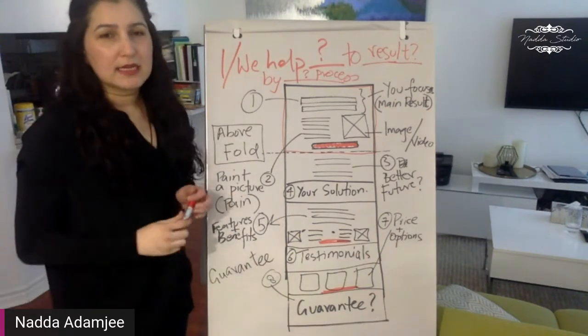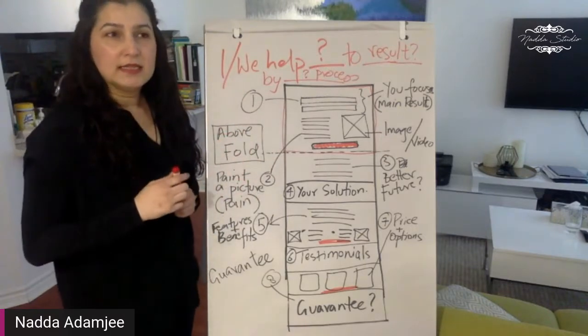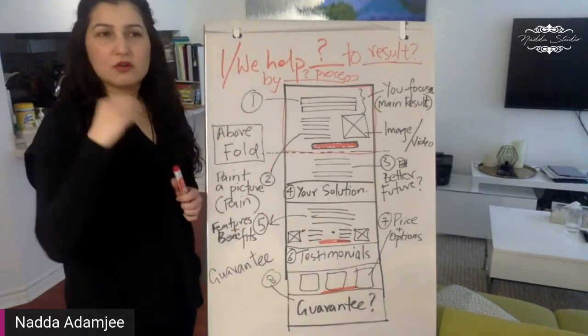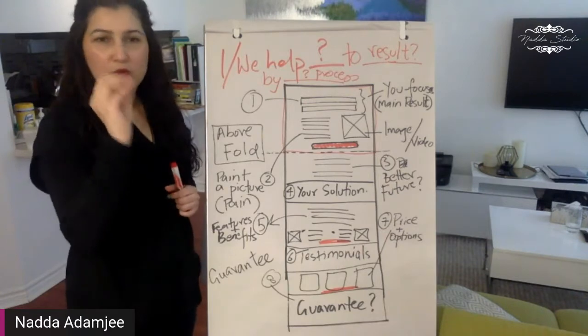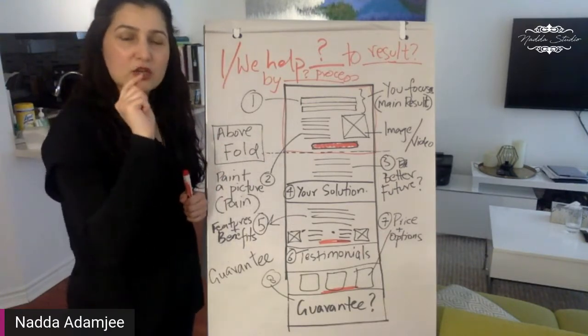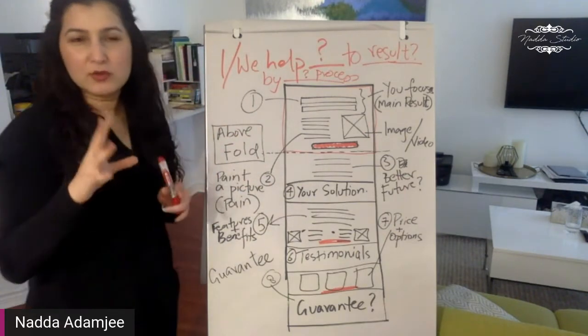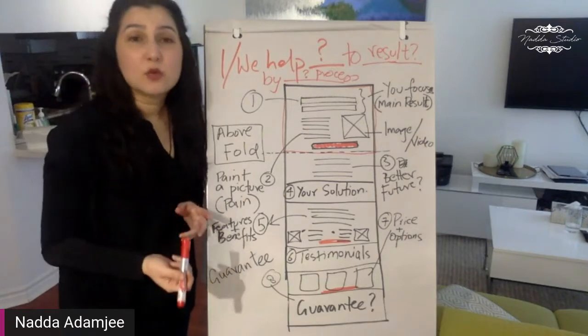But the headline should be, like I said, customer focused. You call them out, whoever your customer is, and you mention the result. There are two, three ways of doing it. One is that you can ask a question.